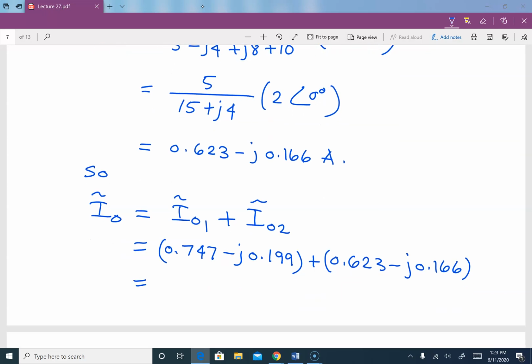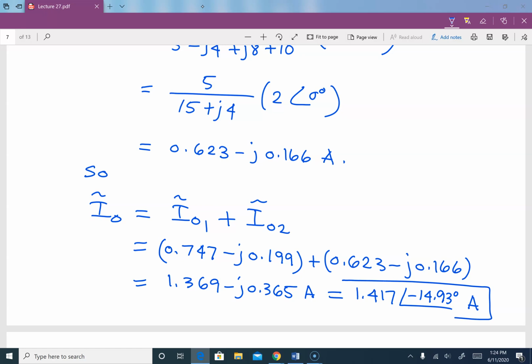And the total answer here is 1.369 minus J 0.365. However, we said that our final answer has to be in polar form. So this is equal to 1.417 with an angle of negative 14.93 degrees, and that is in ampere. So this is our final answer.